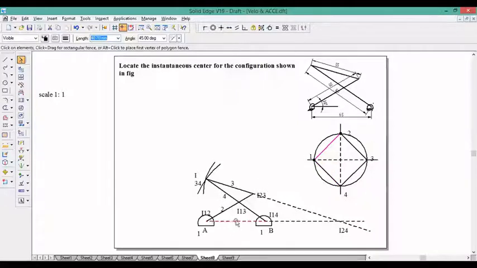The I14 and I12 line is here, so project that line, and project the I23 and I34 lines. The intersection of these two lines gives me I24. That is, all three instantaneous centers lie on a straight line. This concept is utilized to locate the instantaneous centers for this configuration diagram. This is the simplest problem; we just need to locate the instantaneous centers.